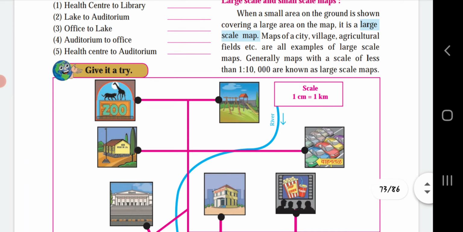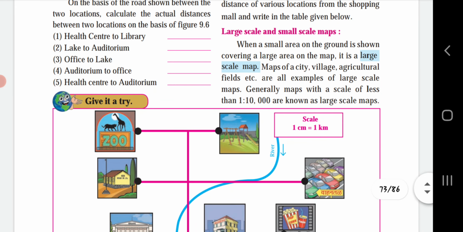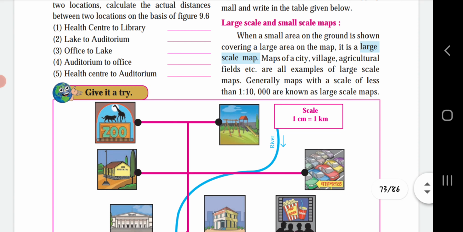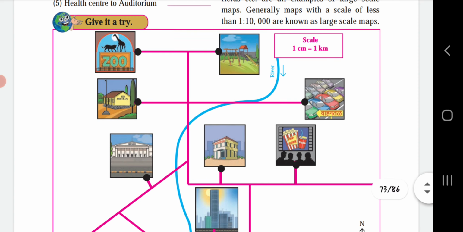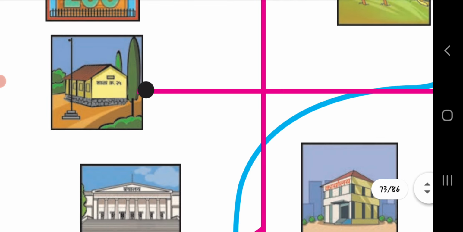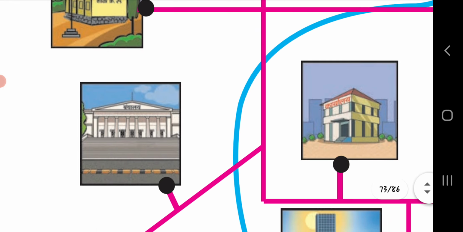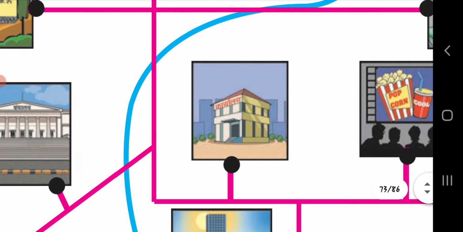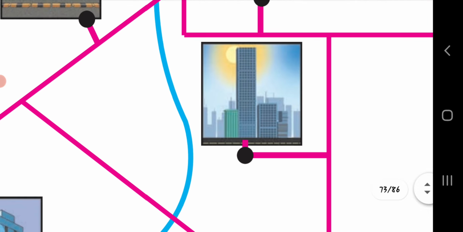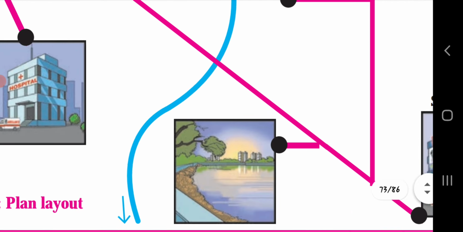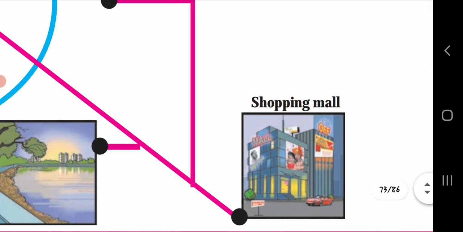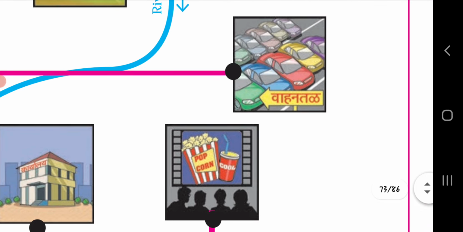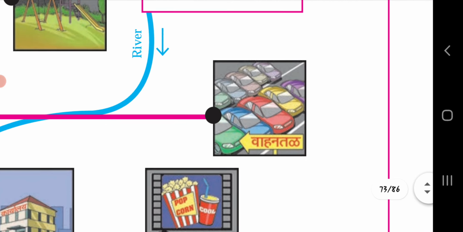Now, here you can see zoo, park, school, library, office, a settlement, hospital, a seashore, shopping mall, theatre, parking.